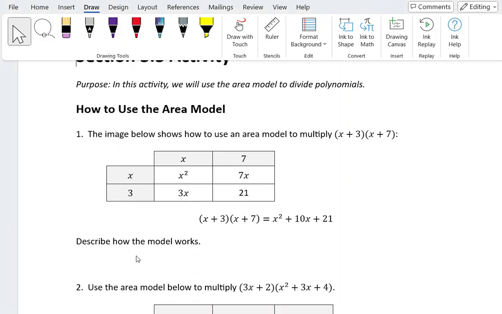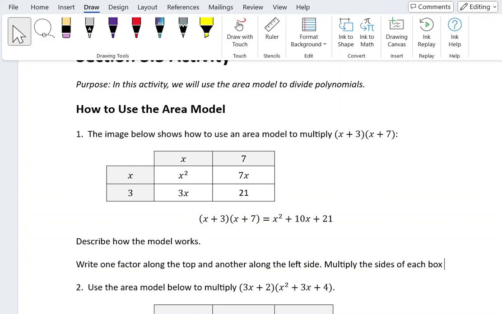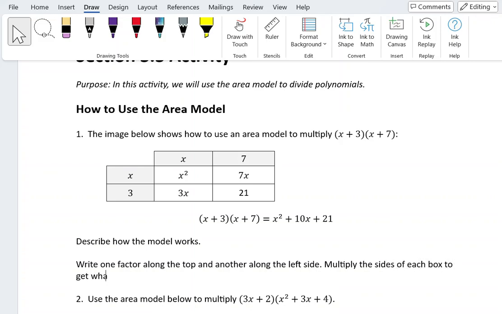So how does the model work? We write one factor along the top and another along the left side. Multiply the sides of each box to get what goes inside.